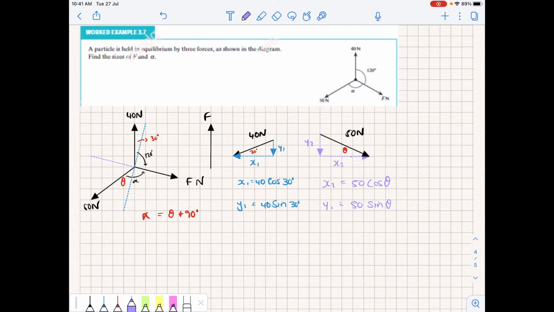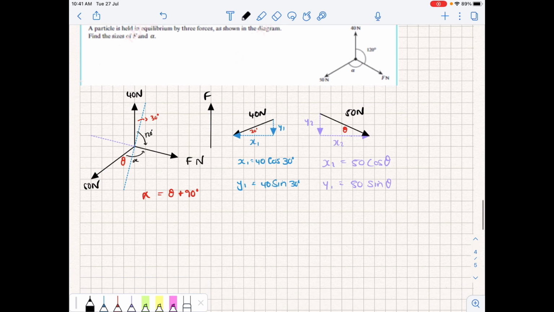Now we have an unknown angle and an unknown force to resolve for. So we're going to resolve for the unknown angle first. The easiest way to do that is to just solve horizontally at the moment, because in the vertical component, we also have that upward force F, which is also an unknown.